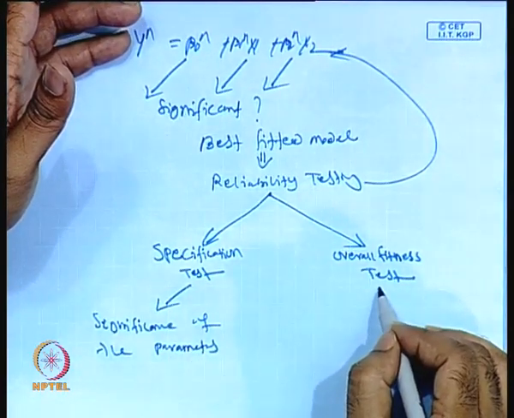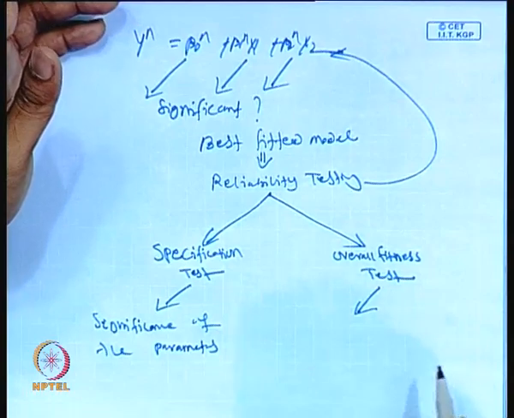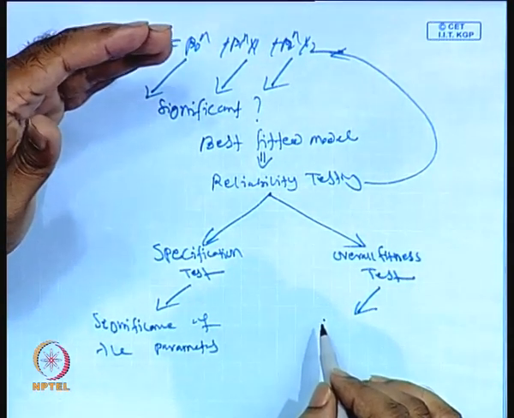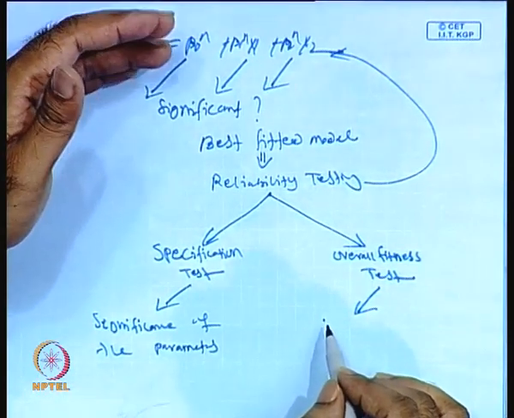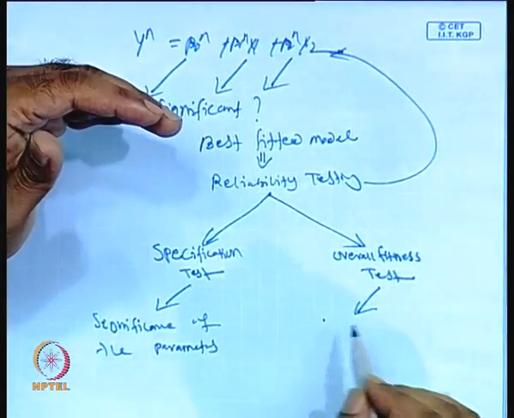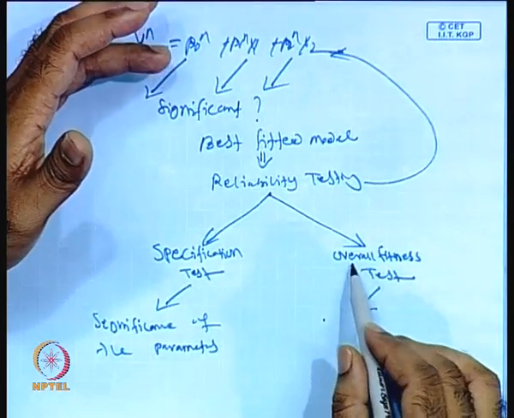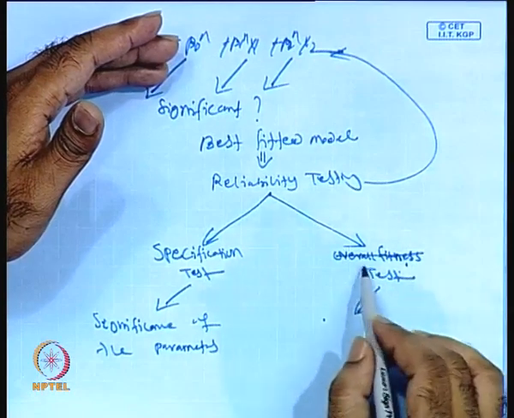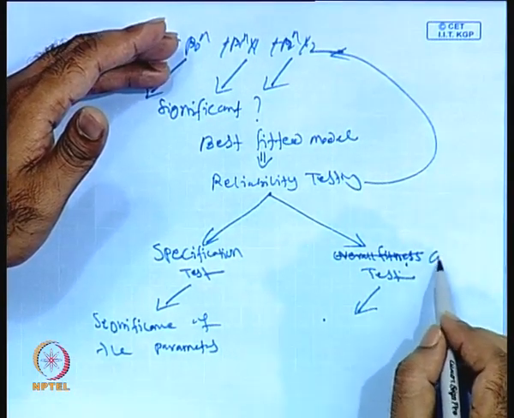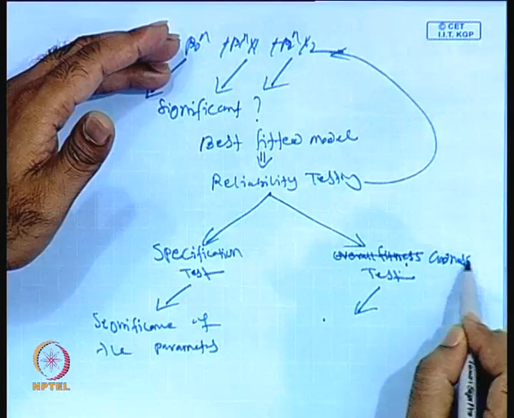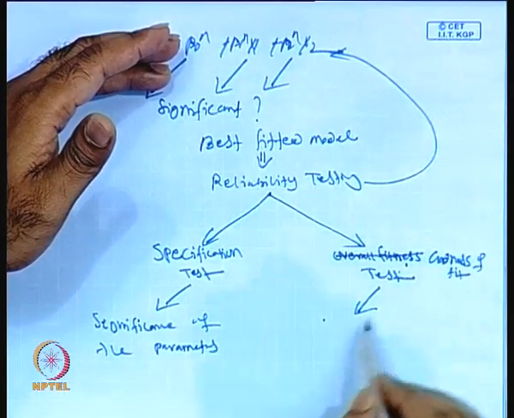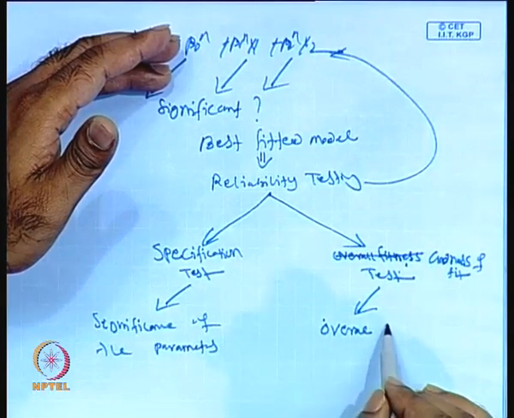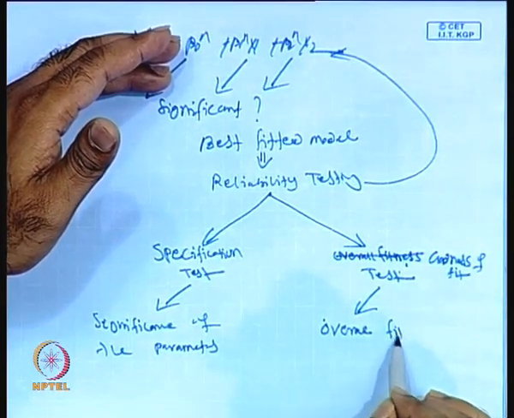Then in the case of overall fitness of the model, the objective is to know the overall fitness of the model. Actually, instead of calling it the overall fitness test, you can say goodness of fit test. So we want to observe the overall fitness of the model.